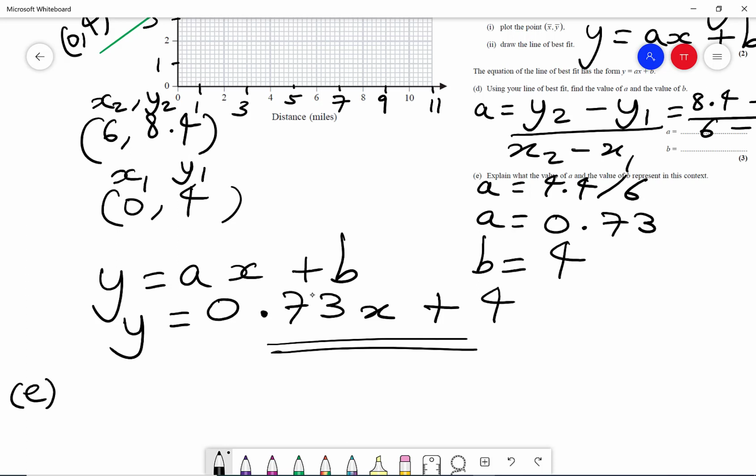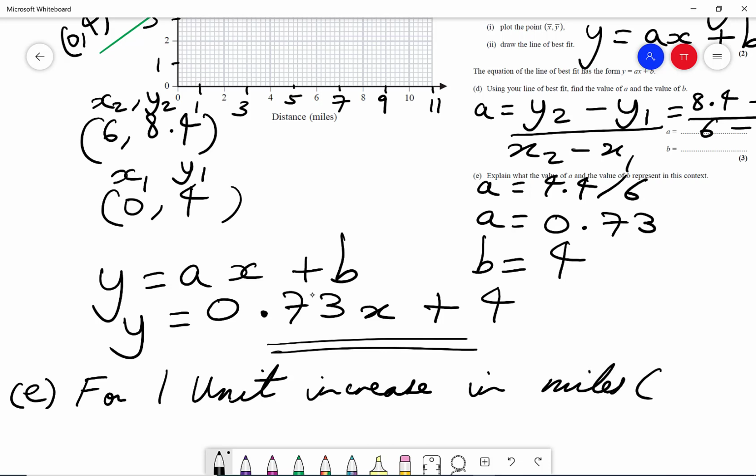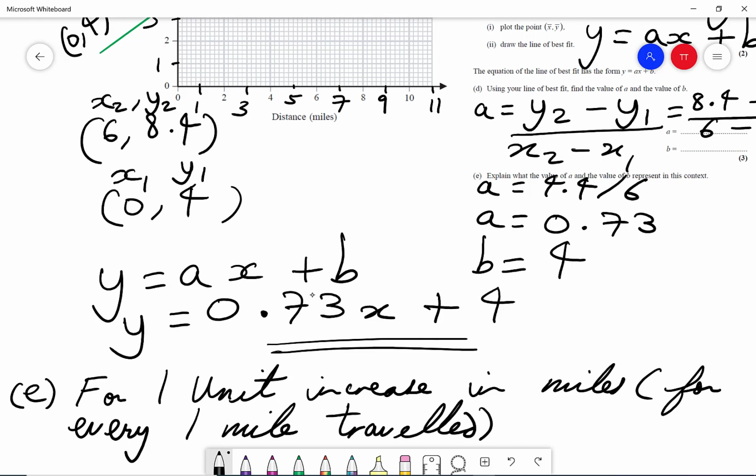Then for part E, it says, explain what the value of a and b represent in this context. So we can say the following. a is the gradient, so that means for a 1 unit increase in miles, in other words, for every 1 mile traveled, the cost will increase.